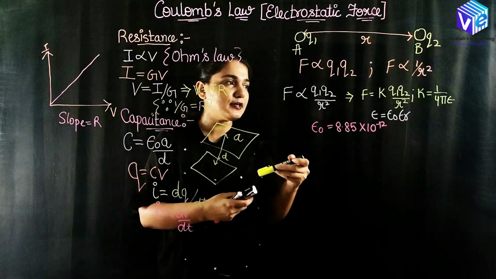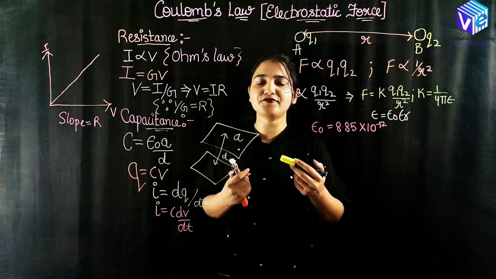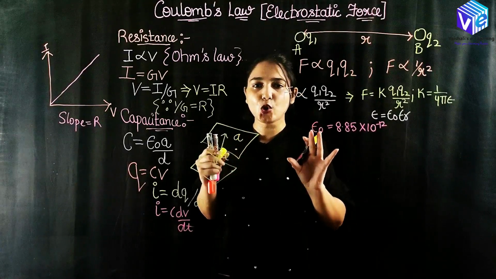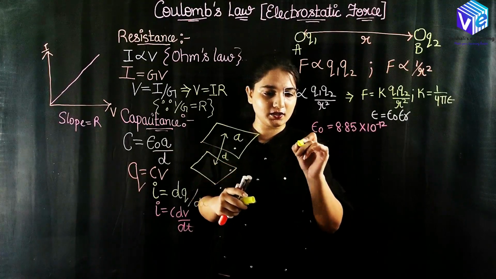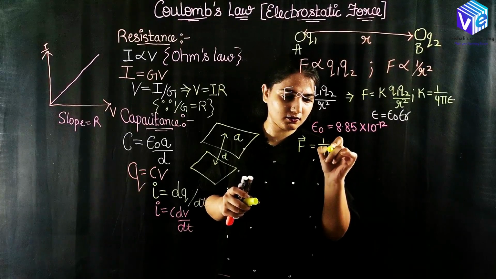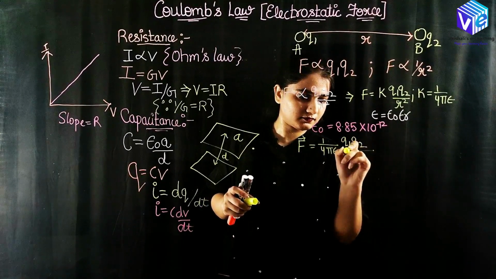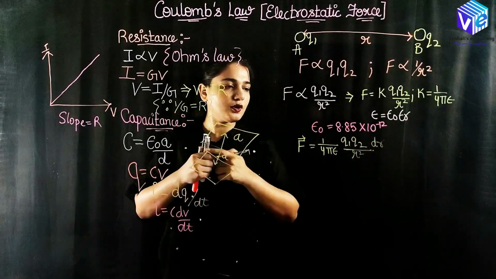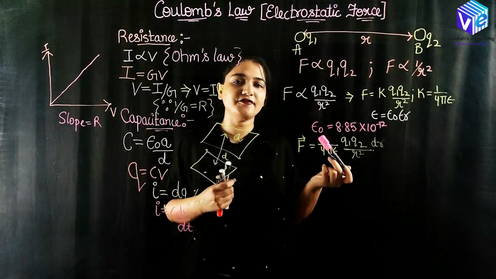Now let me tell you, force is a vector quantity. If I have to denote the force as a vector quantity, I must denote its direction as well. So what is the direction of the force? Here a_r represents the direction of the force.